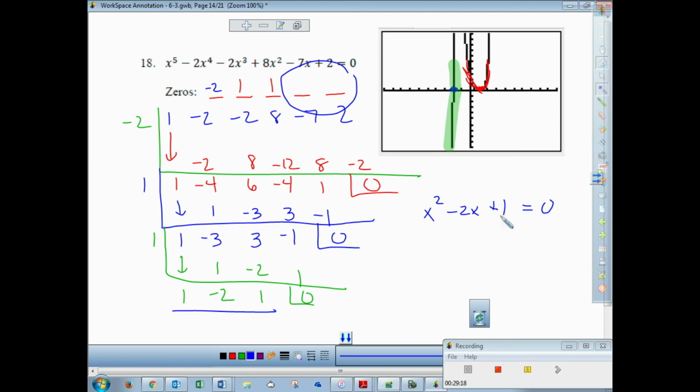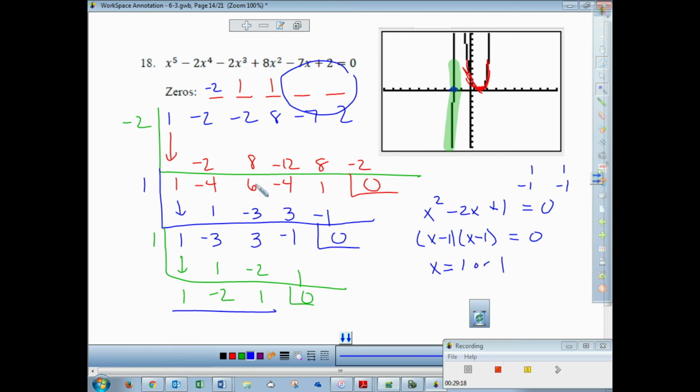Can you think of two numbers that multiply together to be 1 and add together to be negative 2? There are only two numbers that multiply together to be 1: 1 times 1 or negative 1 times negative 1. Does this factor into x minus 1 times x minus 1 equaling 0? So x could equal 1 or 1 again.